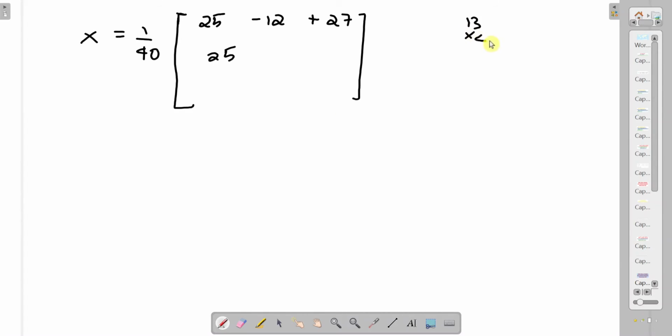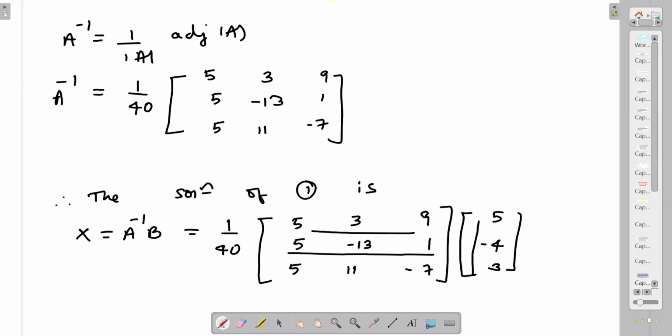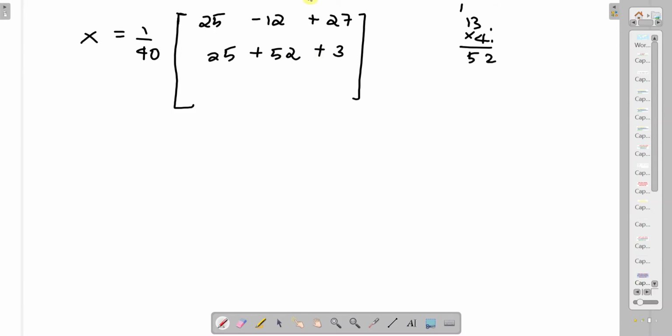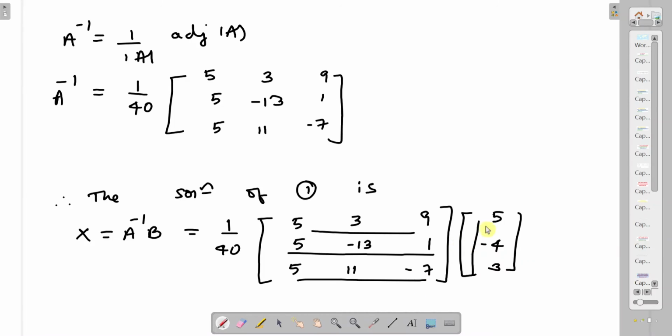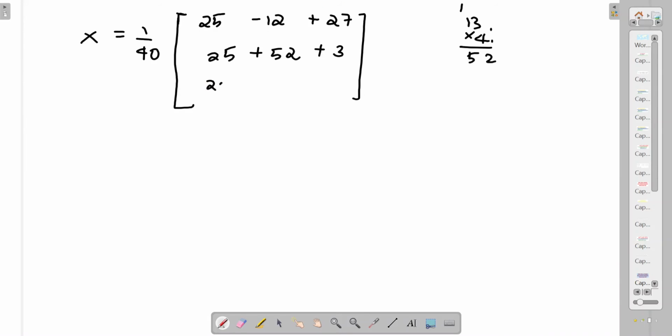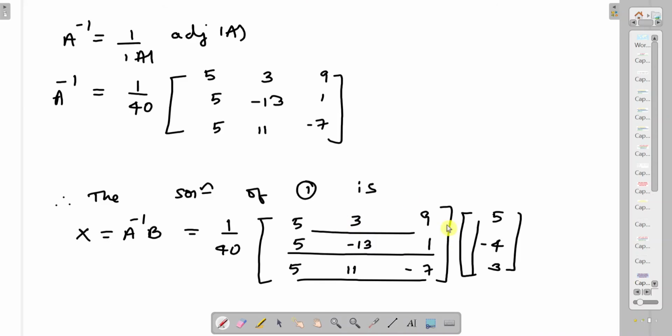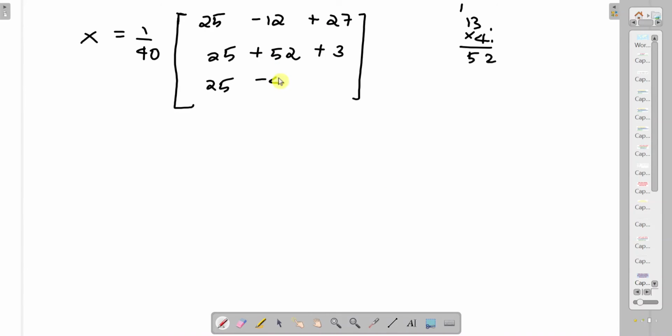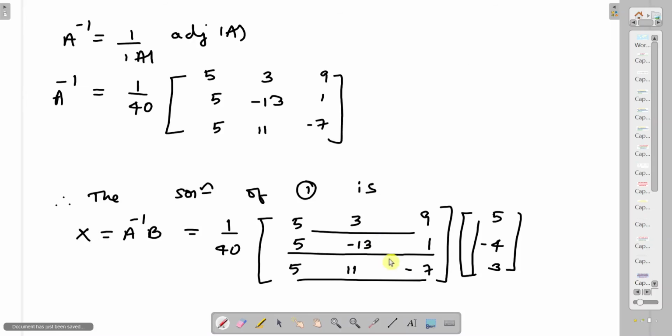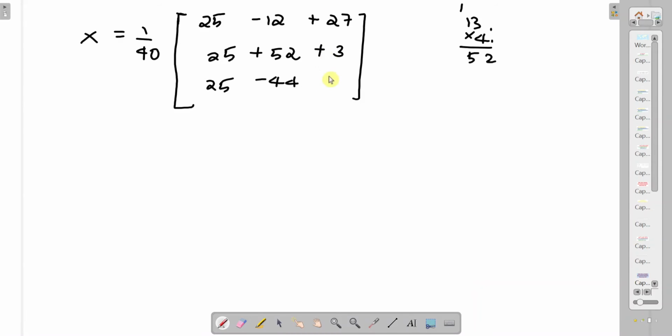So 13 into 4 we have to do. 4 3s are 12, 4 1s are 4, plus 1 is 5, so 52. Okay, and 1 times 3 is 3. Then what? This third row multiplied with this column, 5 times 5 is 25, then 11 times minus 4 is minus 44, and minus 7 times 3 is minus 21, sorry.